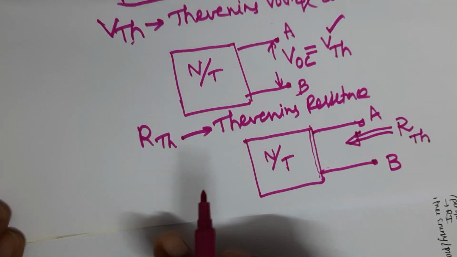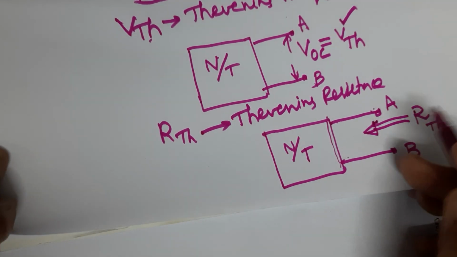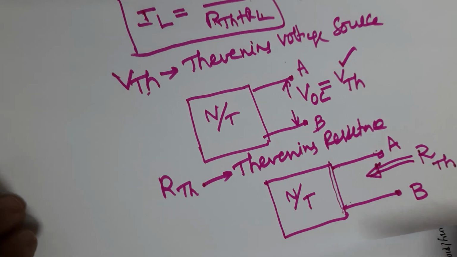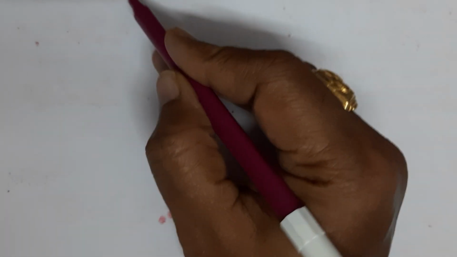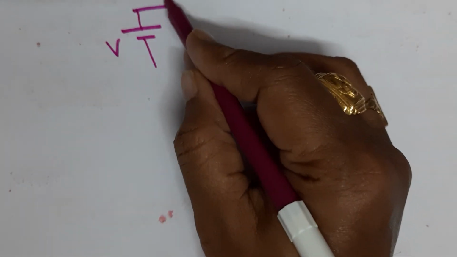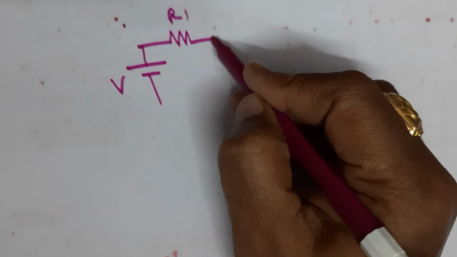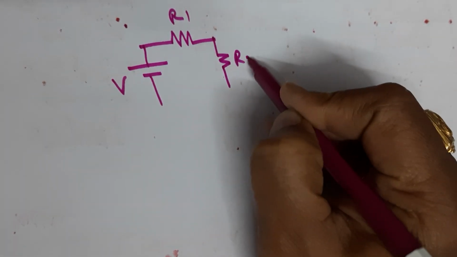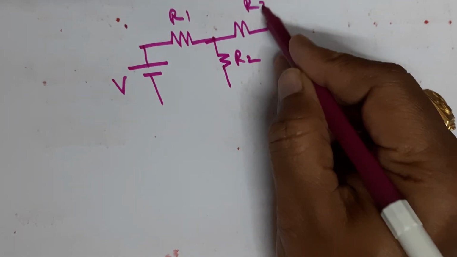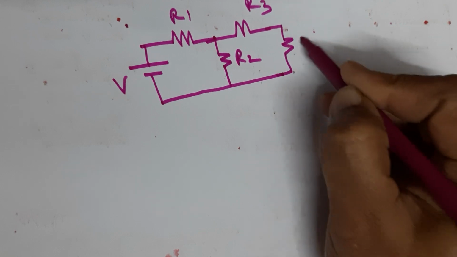You may have one doubt, what is this? That can be explained easily by taking a simple circuit like this. For example, if the network consists of a source V, some resistances R1, R2, R3 for example, and assume that this is the load resistance.